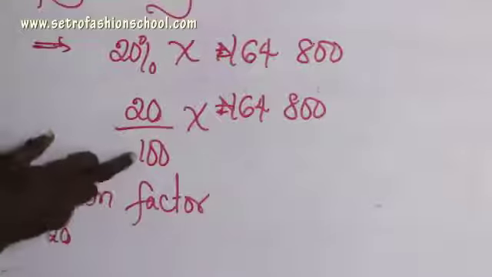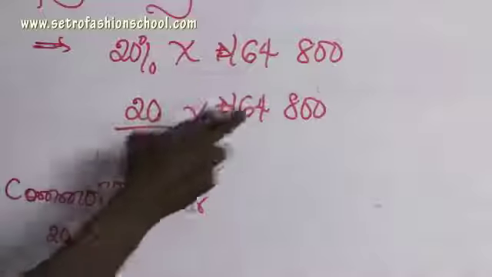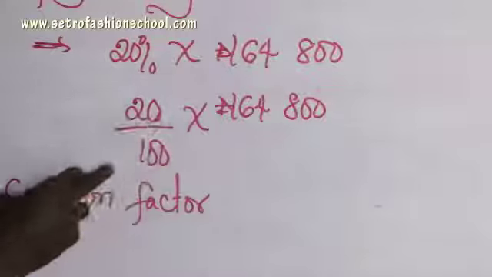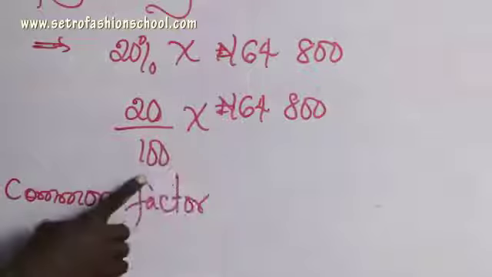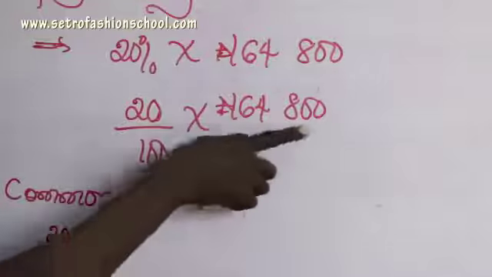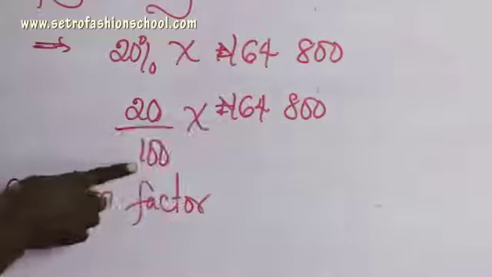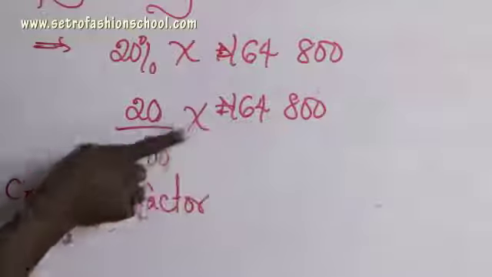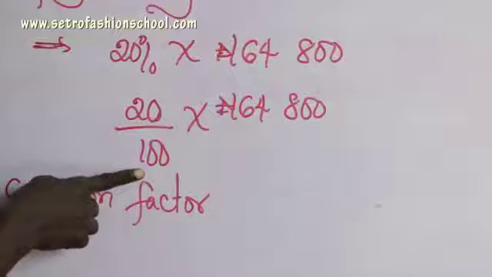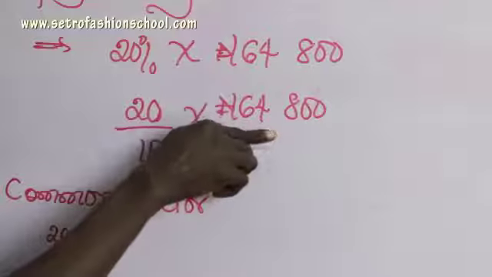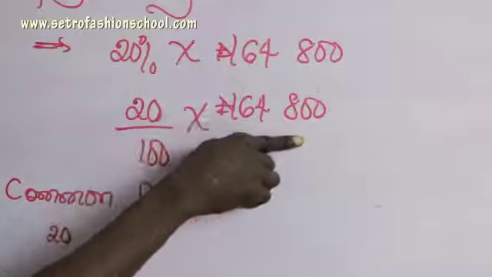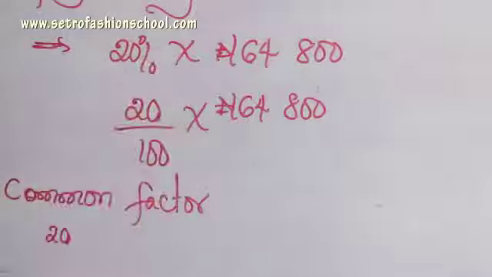If you don't want to go through this means, you can also go like this, using the common factor between this number and this number. For example, this is 100. Can I count in 100? That will give me 64,800. These are questions you need to ask yourself.